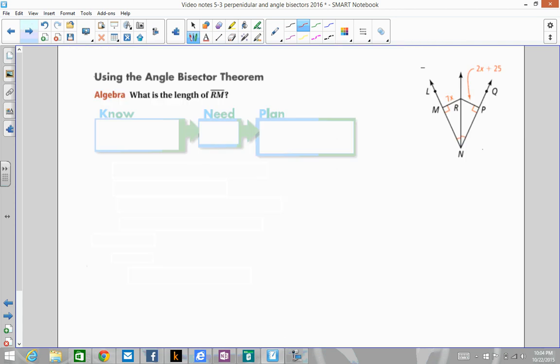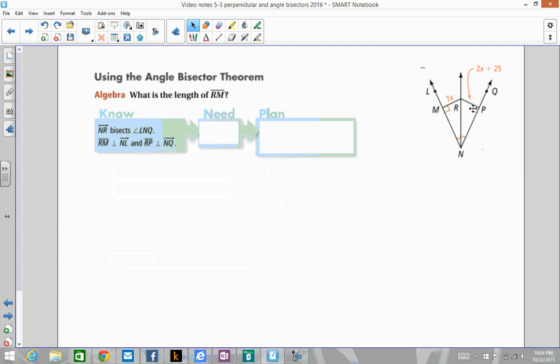All right, so when you're using angle bisector, here we have two segments marked, 7x and 2x plus 5. So first, what do we know? We know that NR bisects angle LMQ, so we know they've got a bisector here. We know that RM is perpendicular to NL, and we know that RP is perpendicular to NQ.